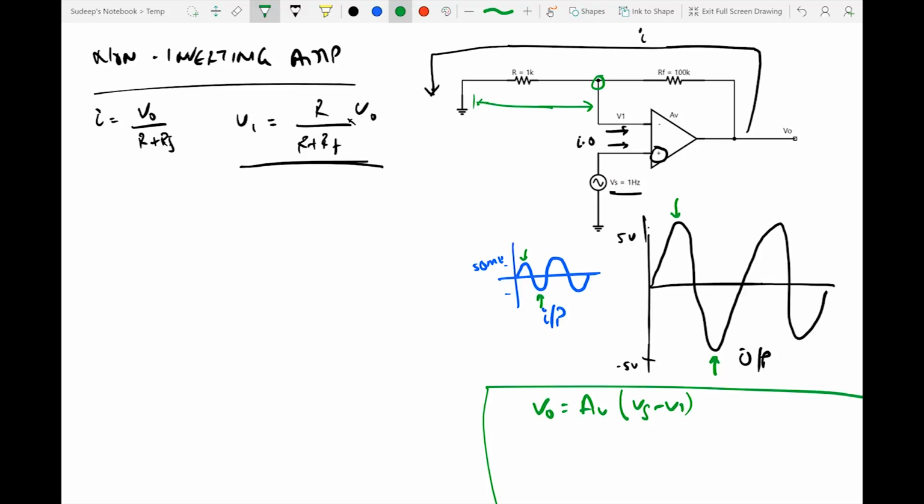We have the supply voltage Vs on the non-inverting terminal and V1 at the inverting terminal, and that is the reason why it is Vs minus V1, because the amplifier does a differential of the two inputs, multiplied by the amplification that it provides. Now by that we know that Vs minus V1 would be equal to V0 by AV. AV tending to infinity, V0 by AV would be equal to 0, which brings us to Vs equal to V1. So we know Vs would always be equal to V1.